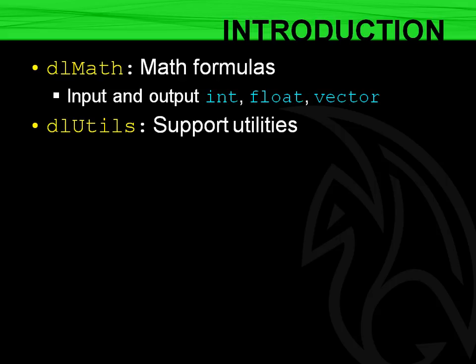Then we have the utilities, dlutils, which are essentially support utilities to allow us to do certain things that we couldn't do with dlmath. An example here is, say, dlutils underscore get vertex coordinates. What this will allow us to do is, if we give it the name of a coordinate, and again, as with everything in Maya, a coordinate name is usually a string, so, for example, pCube1.vertex[0].